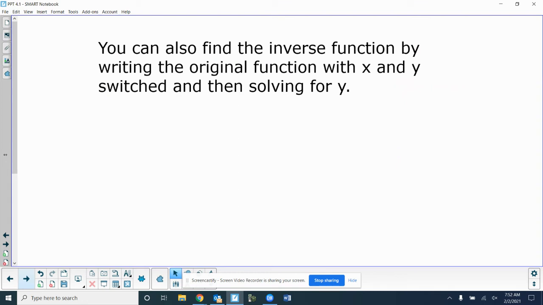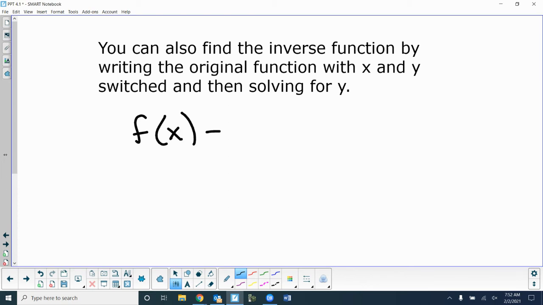They're going to write it in function form. Let's just say x plus 2, make it real easy.